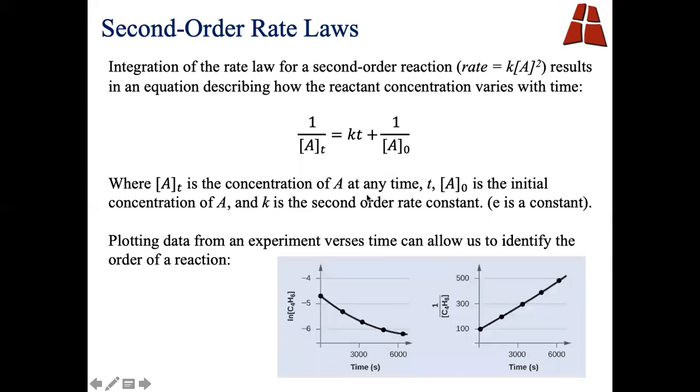Graphically, we should get a straight line with a positive slope if we graph 1 over the concentration of our chemical versus time. If we were to graph it with the natural log of our chemical versus time, we would get a curved line. So that's a key thing we're looking for when we're graphing something in order to determine the rate law: what sort of equation gives us a straight line.